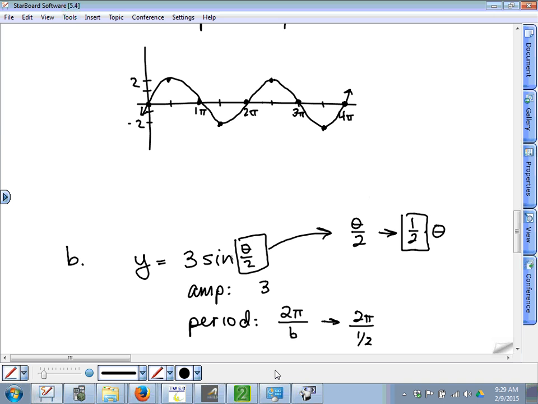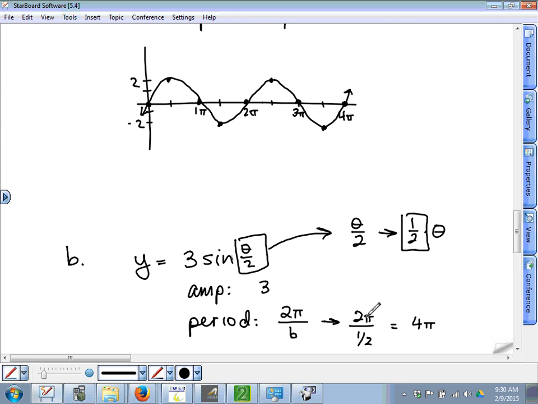Oh man, fractions. 2 pi divided by 1/2 equals 4 pi. Now I do expect most of you in here to be able to just figure that out in your head because it's something you ought to be able to do.